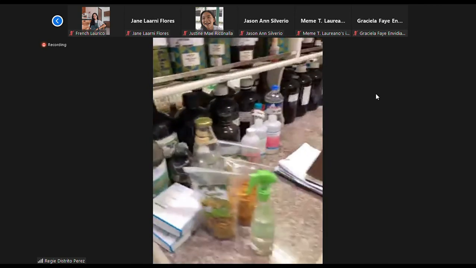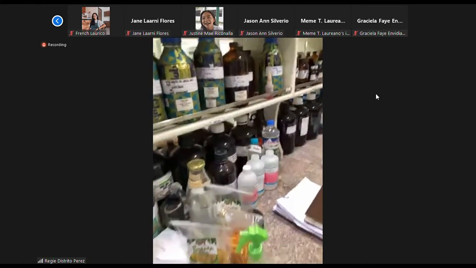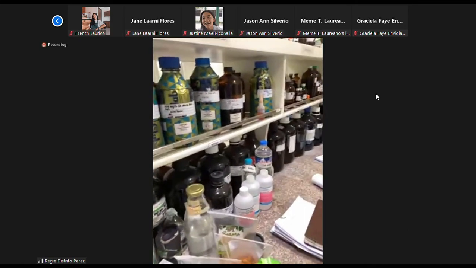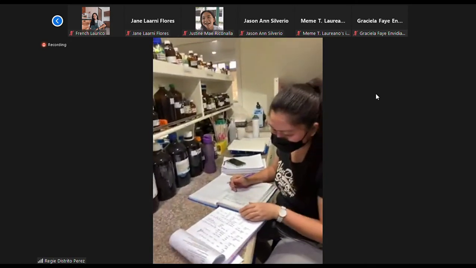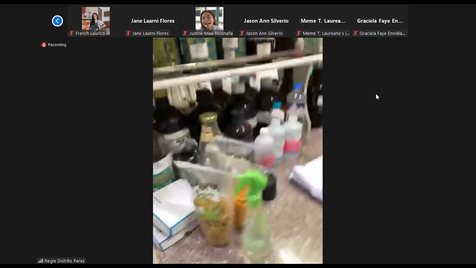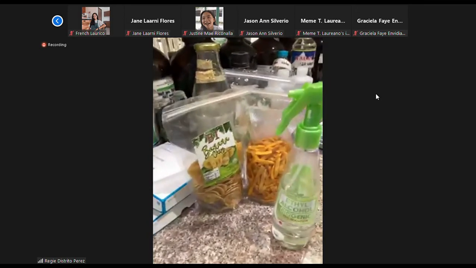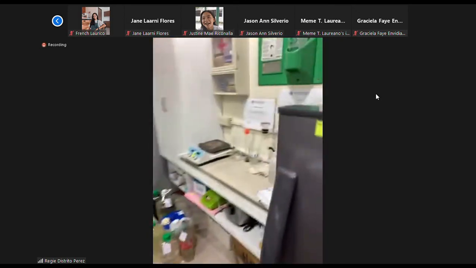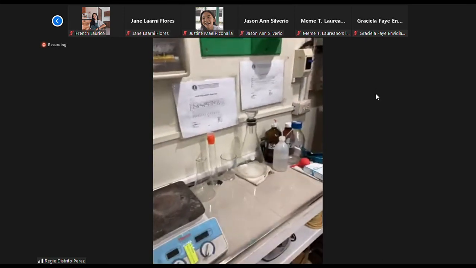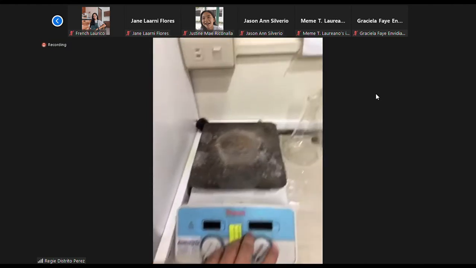In this area, we do food analysis, food samples, because we are already accepting food samples. And Feresa is the one who analyzes all the parameters for nutritional facts. You can see the samples. Okay, this area is for TSS, total soluble solids and total suspended solids, and also the hot plate or magnetic stirrer.